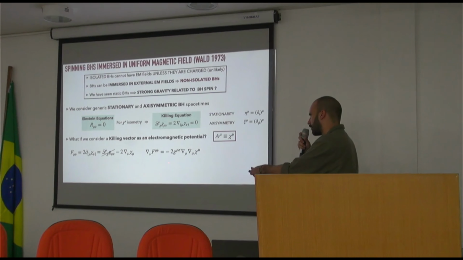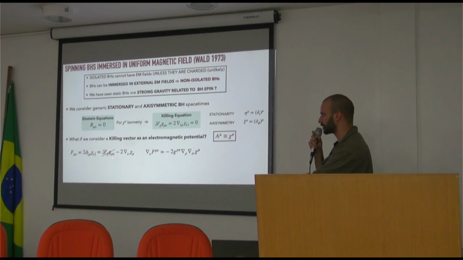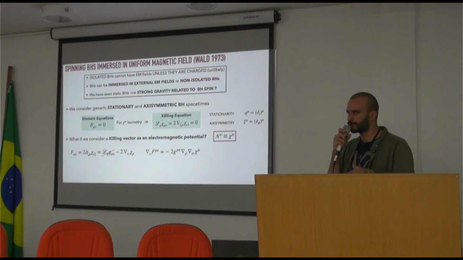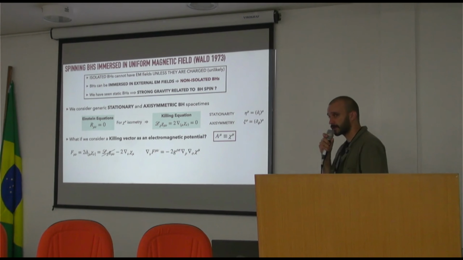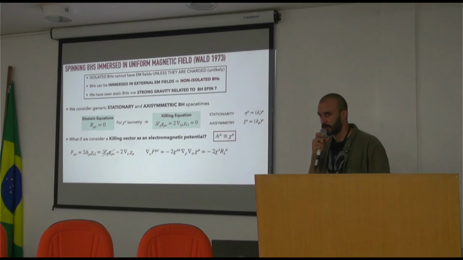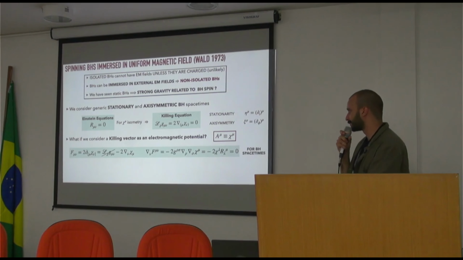Then of course, you want to consider Maxwell's equations in order to have solutions. So you take the derivatives of this object, and you have to play a lot with the combination of the covariant derivatives. As you might remember, when you take the commutator of two covariant derivatives, you generate the Riemann tensor. And this is precisely what we obtain here. So this is the Riemann tensor of the space-time, which is 0 by definition for black holes.